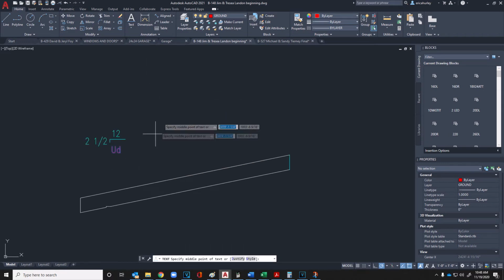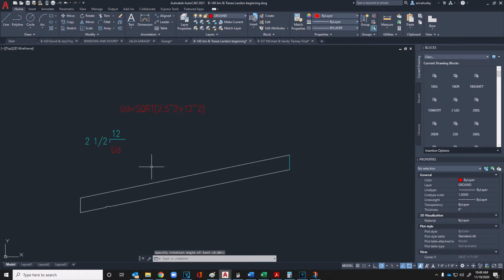My unit diagonal, UD, is equal to 2.5 squared plus 12 squared, and I need to put that in parentheses, and that's going to be the square root of that.